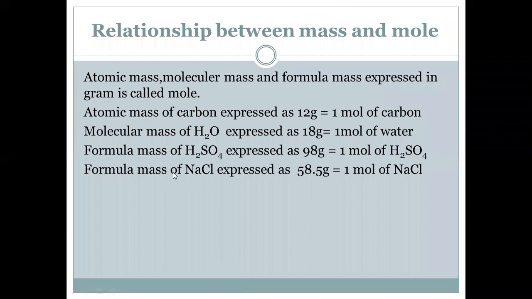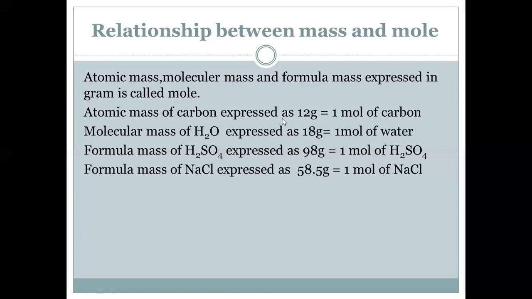Then the relationship between mass and mole. As I told you, atomic mass, molecular mass, and formula mass expressed in grams is called a mole. If I have carbon, carbon is an element, and the smallest particle of carbon is an atom, so we will use the term atomic mass.